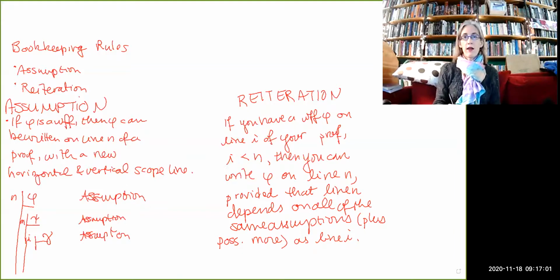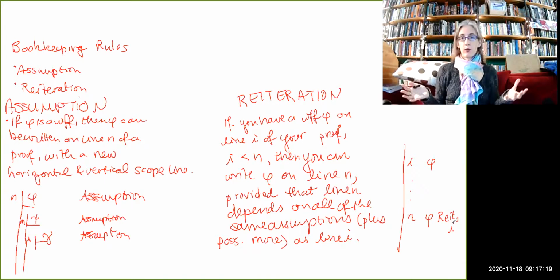So the formal way of writing this down is just, if we have on some line I a formula phi, then later on at some line n, we can write it down, and the annotation is reiteration of line I.